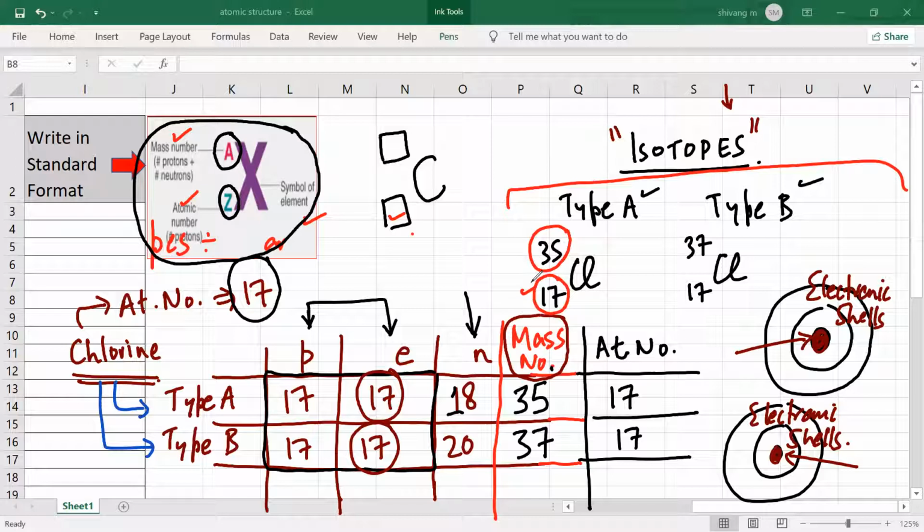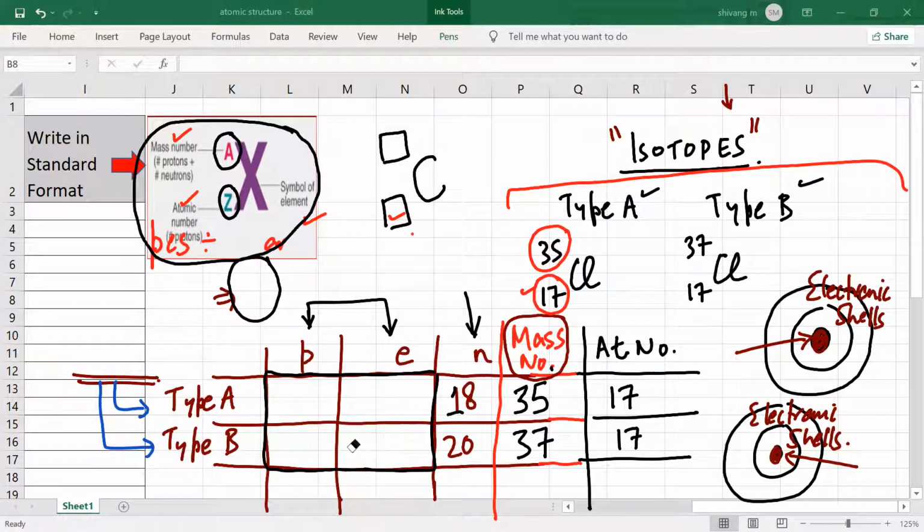So we'll take another famous example of isotopes. This is the third example that you can remember. This lecture is recorded, so after the class also you can see this again. This will help you in your class 10th exam also.